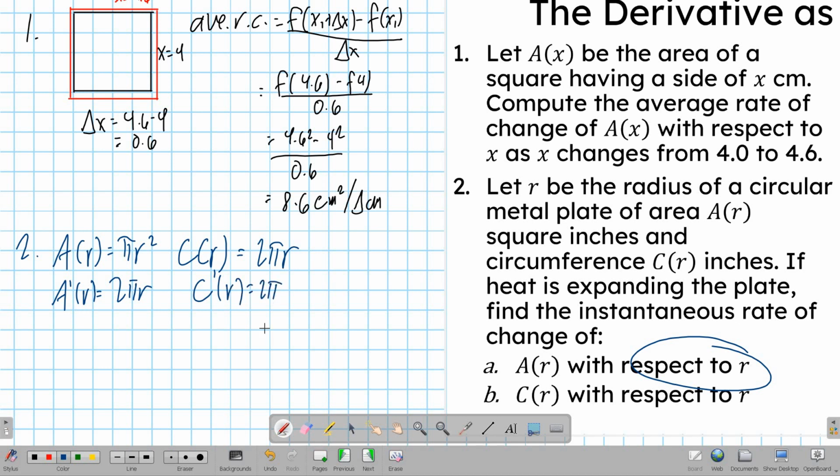What does this mean? This means that the instantaneous rate of change when your radius expands is given by 2 pi r, while your circumference will constantly expand by 2 pi units every time r expands. Sorry, this is A and this is B. That's what number 2 is telling us.